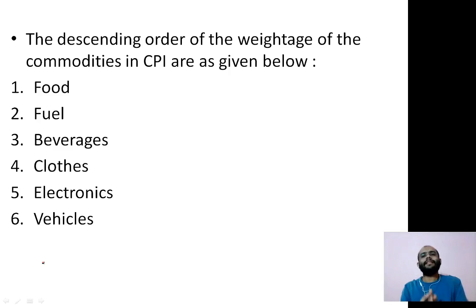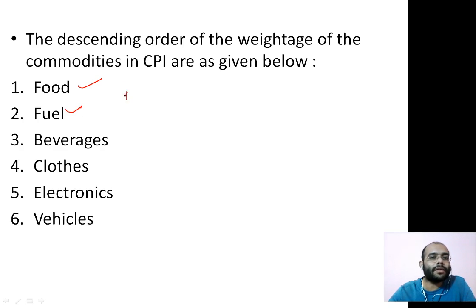So in CPI, the basket contains various types of commodities which a consumer consumes in a given month. The various types of commodities contain various weightages in order to decide the percentage increase of inflation. So the descending order of the weightages of these commodities in CPI are as given below.